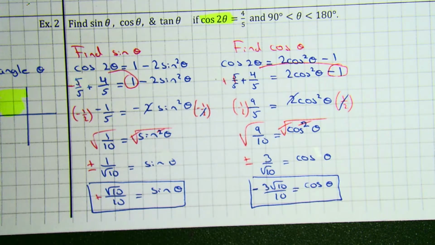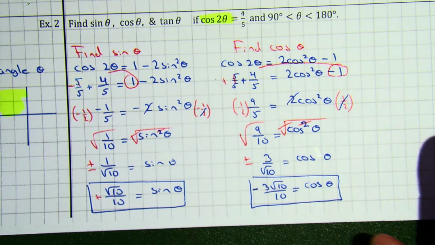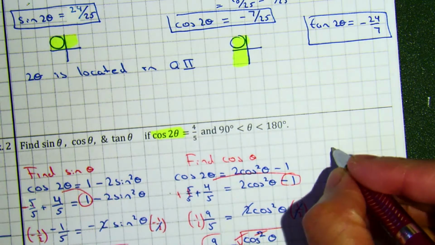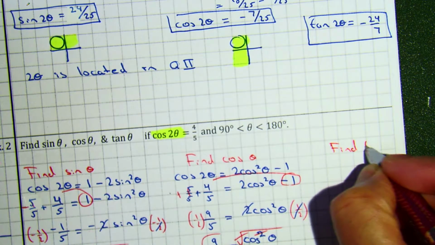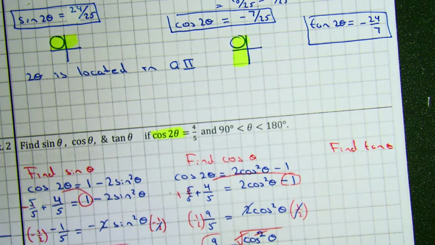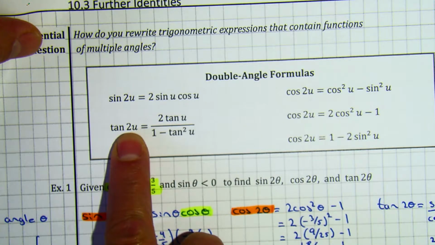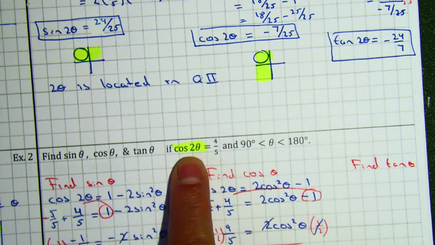And last, I need to find my tangent of theta. To find tangent, I could use my other equation, but notice if I do, I need to know the tangent of 2 theta. And I only know the cosine of 2 theta.